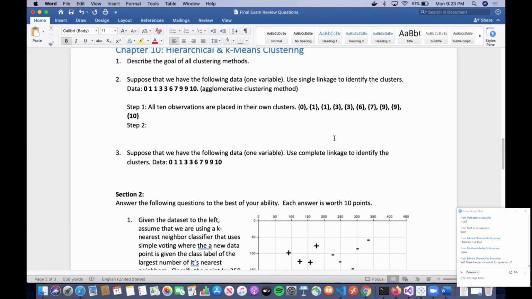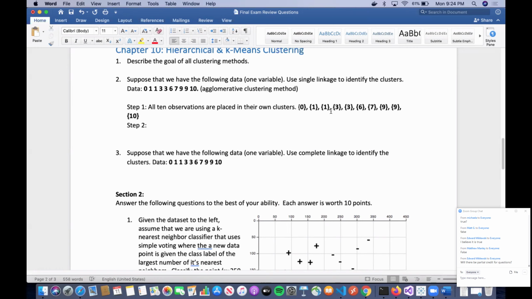Then step two, the algorithm is going to search the distance matrix for the closest two clusters, and then it's going to merge them. And if we look at the shortest, it's going to be 0, right?